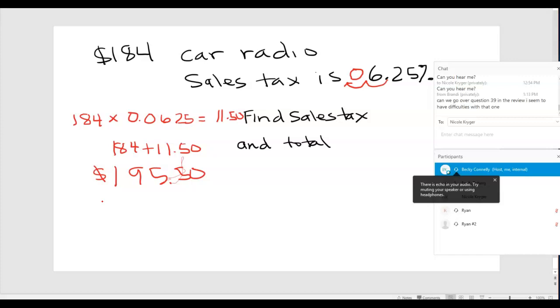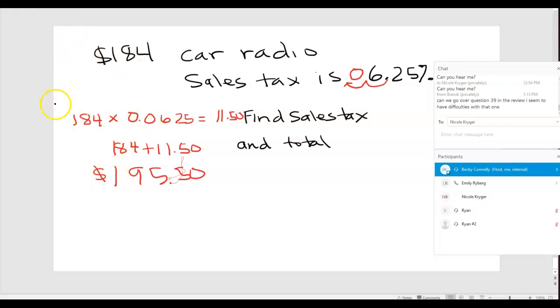And dividing by 100 is moving the decimal place to the left two places. Mm-hmm. Yeah, let's try one like that.